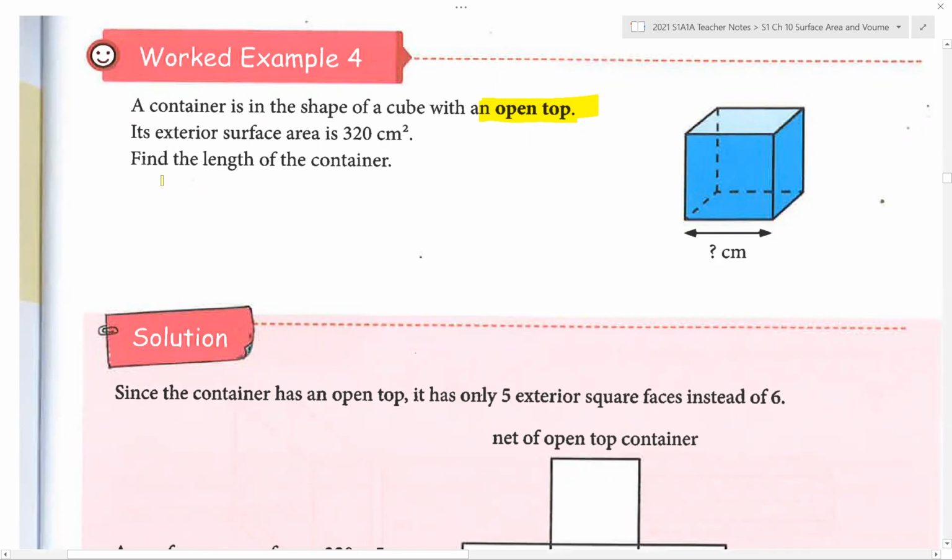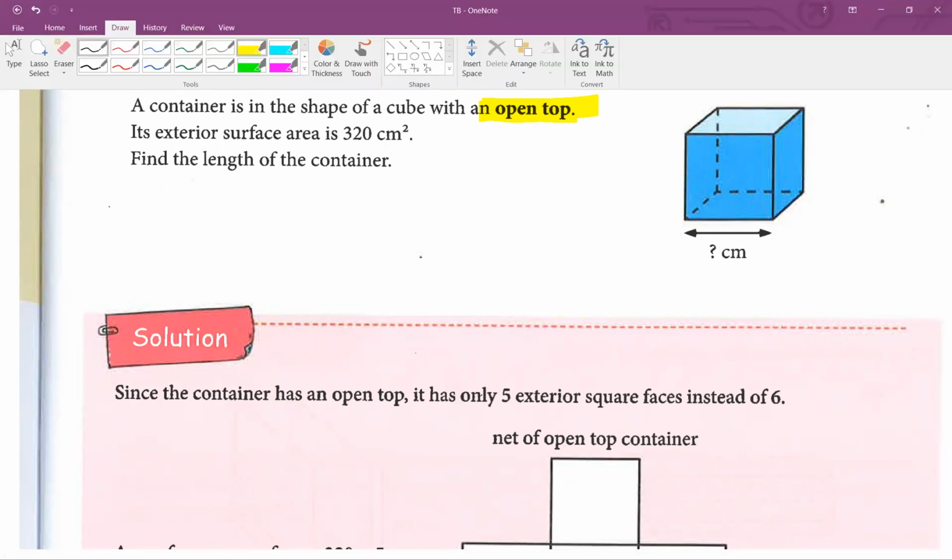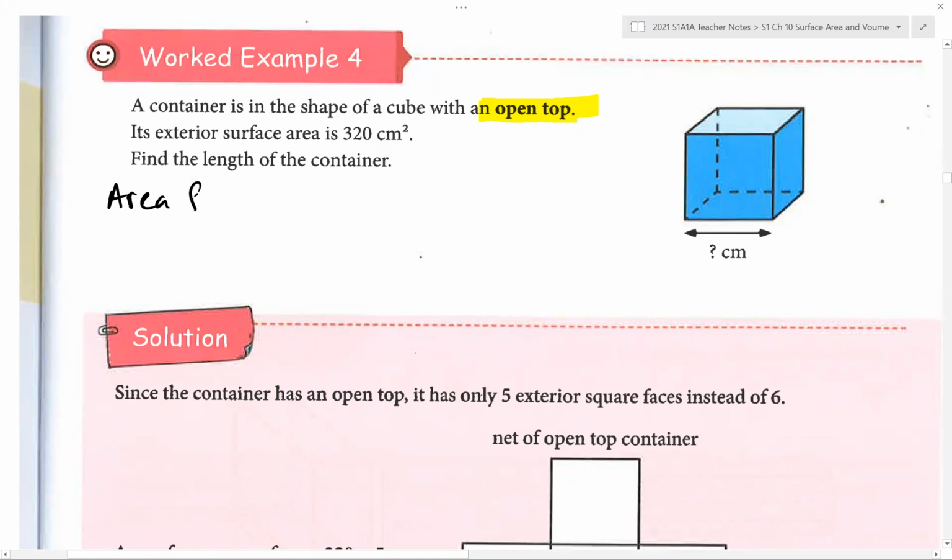Fari, what is the area for one square? How to get 64? 320 divided by? Why divided by 5? Stop making noise. Why divided by 5? What? 5 squares.